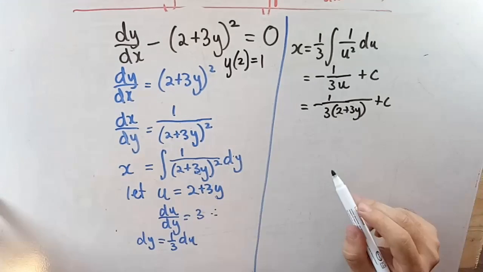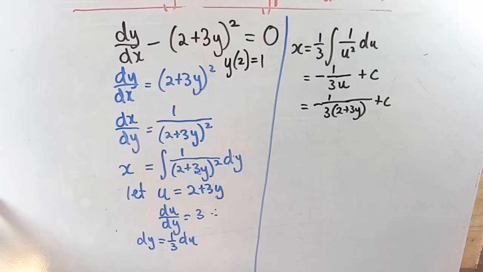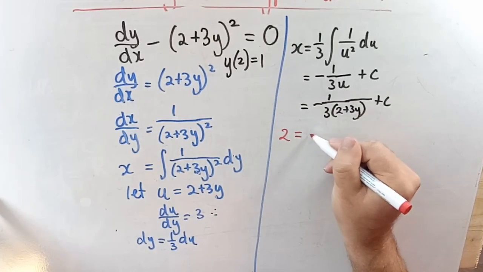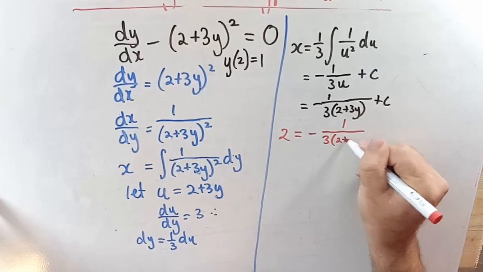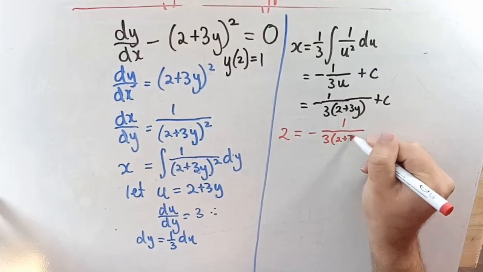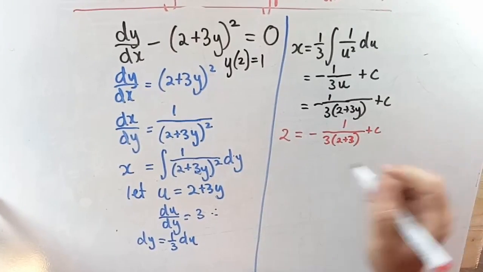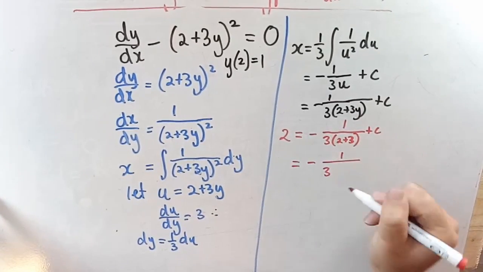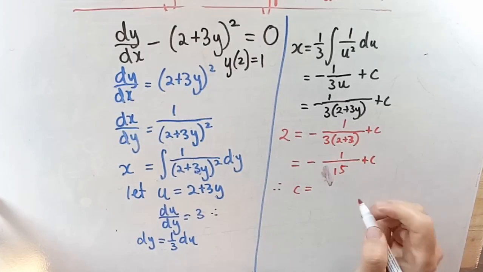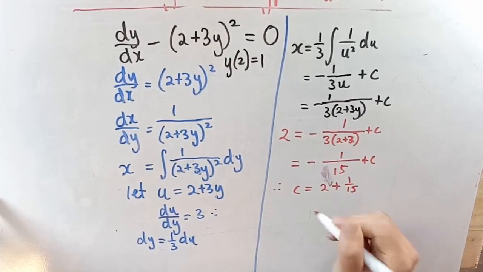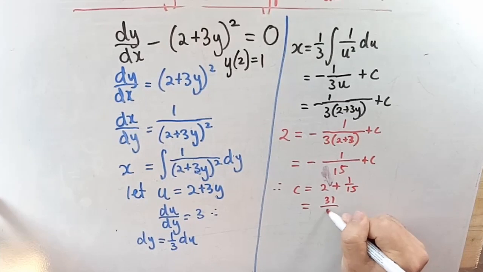We know that when x is 2, we've got negative 1 on 3, 2 plus 3 times 1, so that's 5, plus c. Negative 1/3 of 5, so that's negative 1 on 15, plus c, therefore c is 2 plus 1/15, which is 31 on 15.